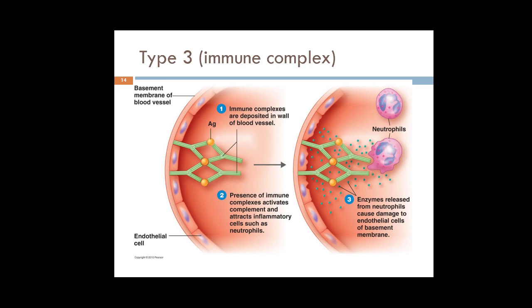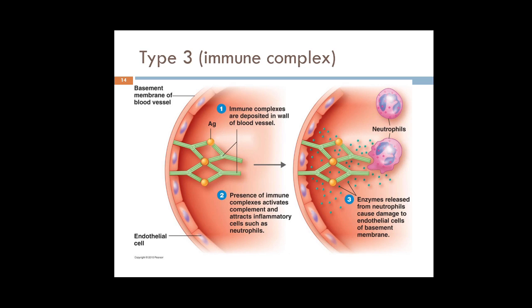Now the type 3 reaction is the immune complex reaction. On the left side you can see it is a blood vessel, the basement membrane, that is a membrane of the blood vessel. The outer layer is the basement membrane and the inner layer is endothelial membrane in which you can see endothelial cells. Okay, and to these endothelial cells attached is the immune complex.